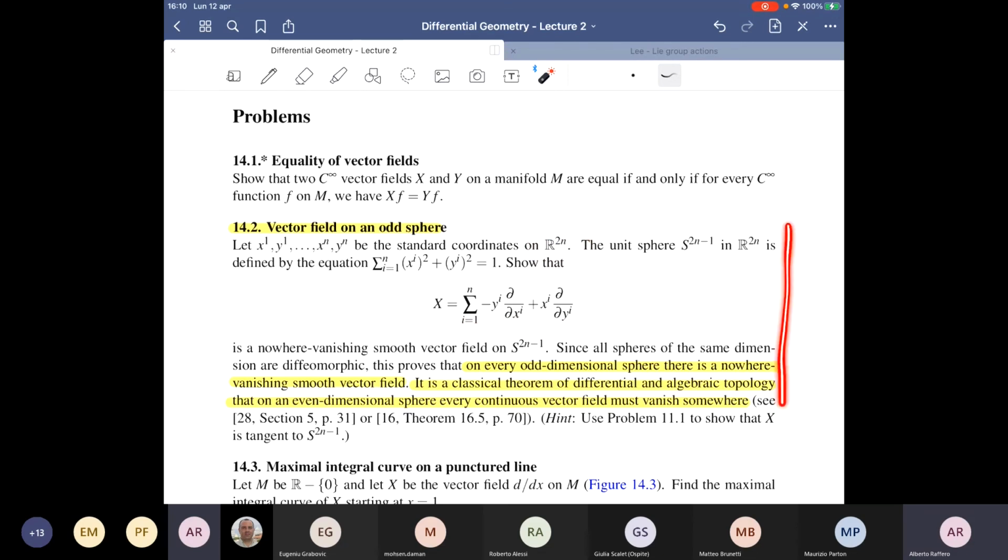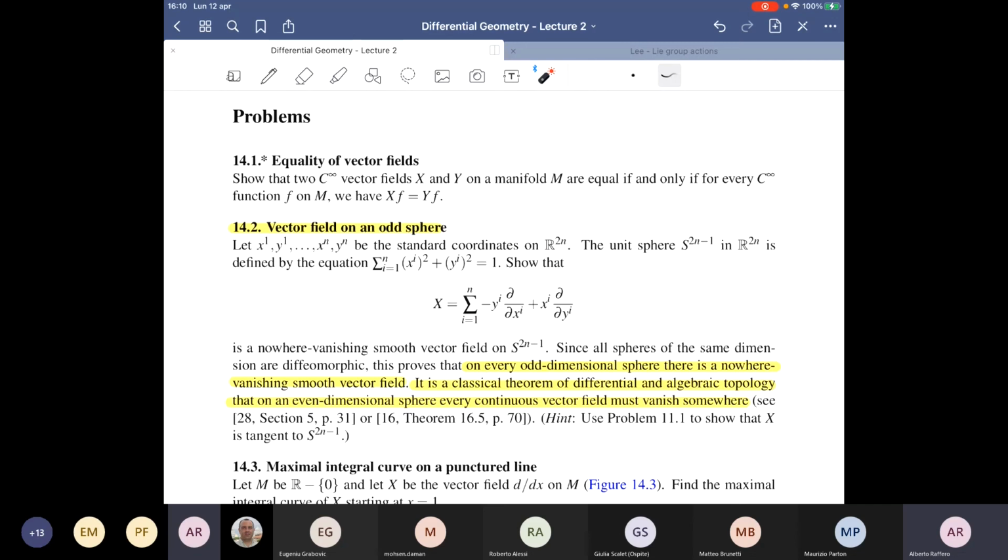So the crucial fact here is that once you have an odd-dimensional sphere, then there exists a smooth vector field which is nowhere vanishing. This happens only in the case of odd-dimensional spheres.